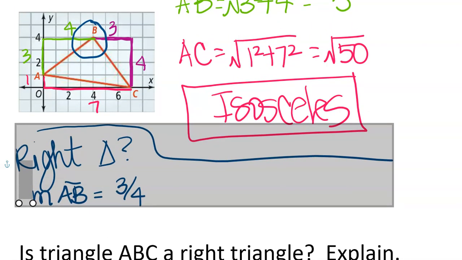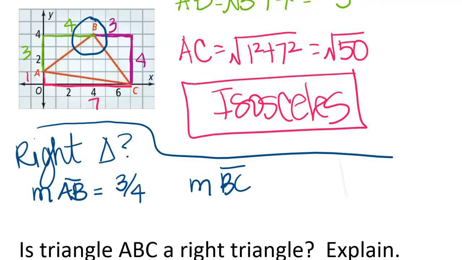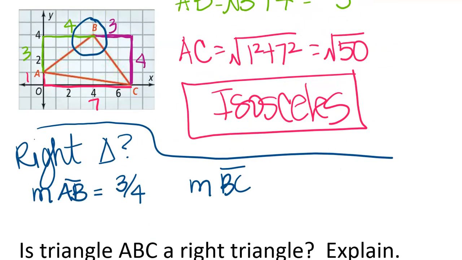If I look at the other one, BC, the slope of BC is 4/3, and it's negative. Okay, so the rise would be 4, the run would be 3, it's going down to the right, so it's negative. And what I'm going to do is I'm just going to show the product of the two.